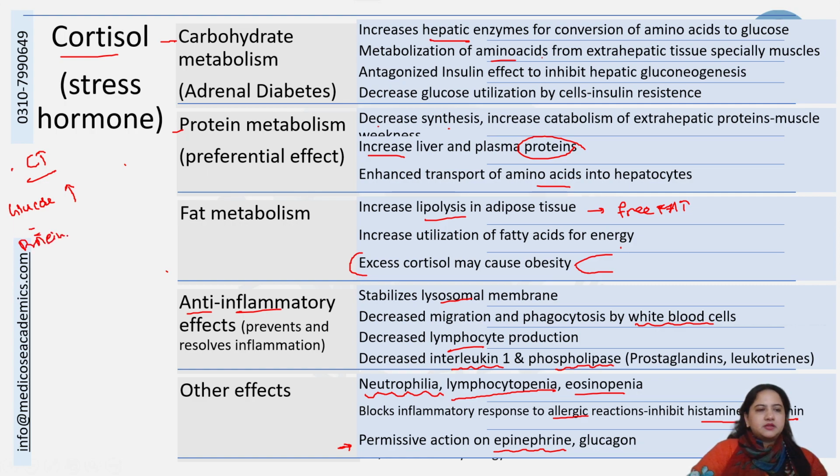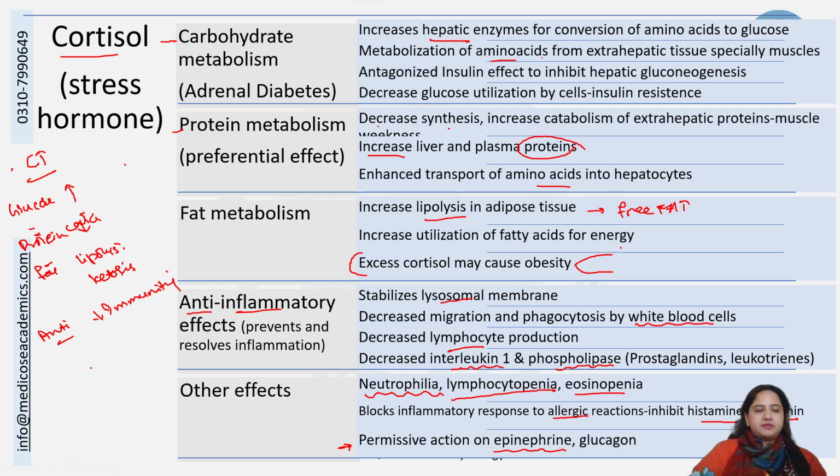Hepatic protein synthesis will increase, but peripheral proteins will catabolize. And in fatty acid metabolism, lipolysis will increase, and fatty acid metabolism will also cause ketosis. The anti-inflammatory effect is good, but in excess it will decrease immunity and make the person susceptible to increasing infections.